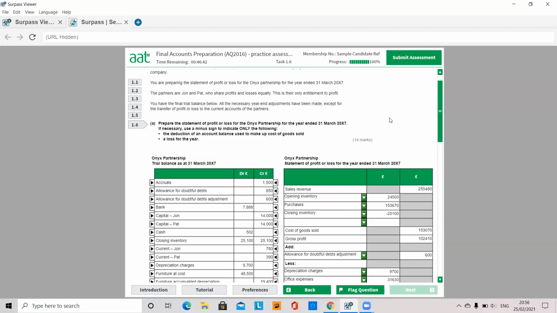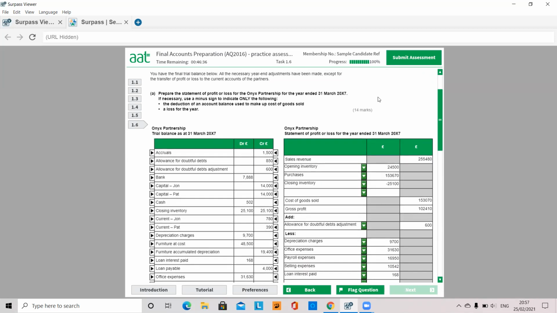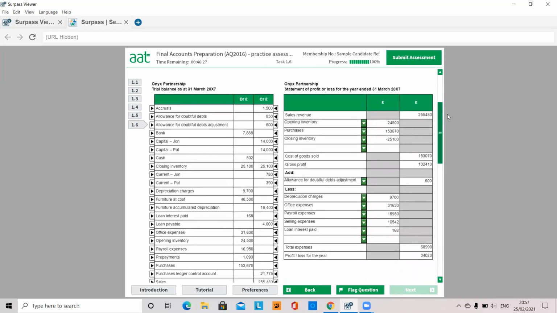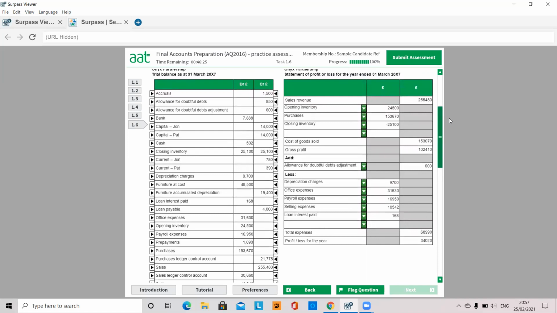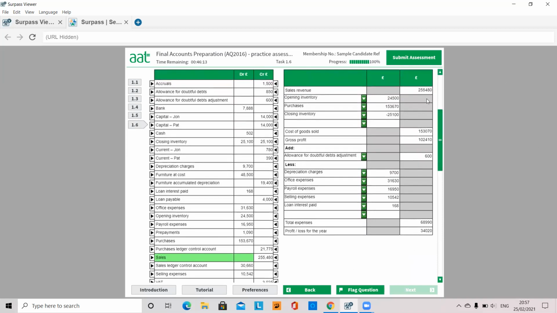I will do it properly this time by ticking the boxes. I tend to bring this in early in advanced bookkeeping, just so you've got a good understanding of the format of a profit and loss account and a balance sheet. So we've got our sales revenue, our sales figure is 255,480.